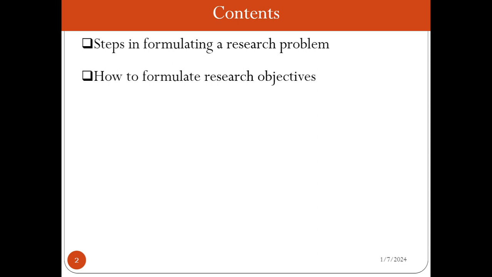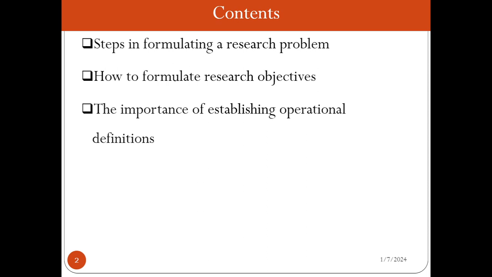Second, we make ourselves acquainted with how to formulate research objectives. It is really important to make a distinction between research problem and objectives. By the end of this session, you will clearly understand the difference between research objectives, research question and research problem. These are three concepts that are very close to each other, but they are not identical or the same.